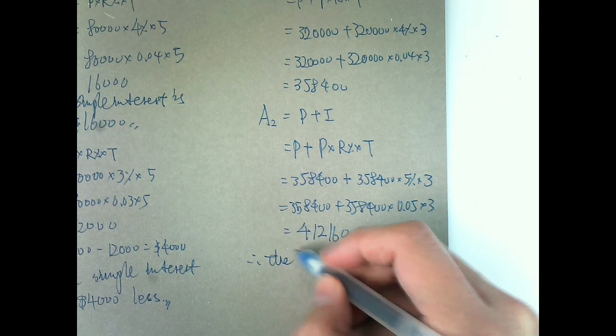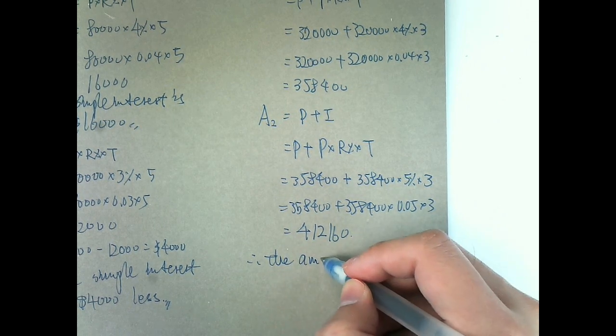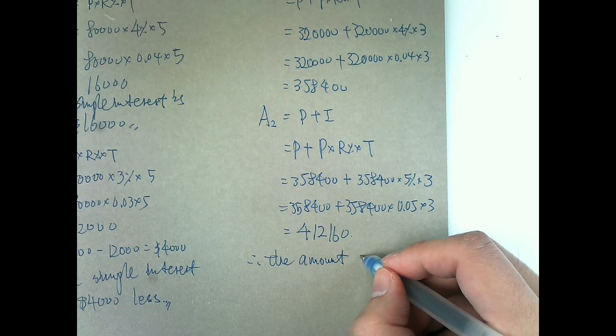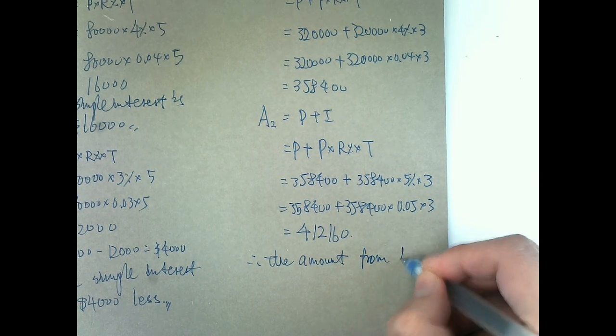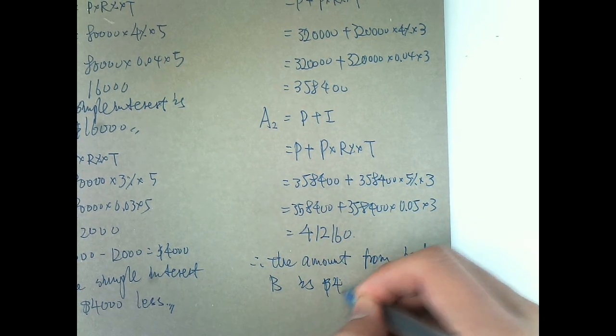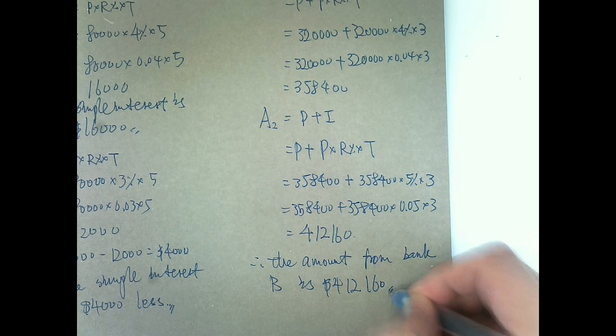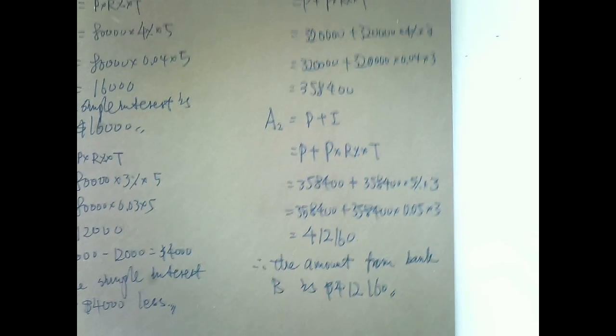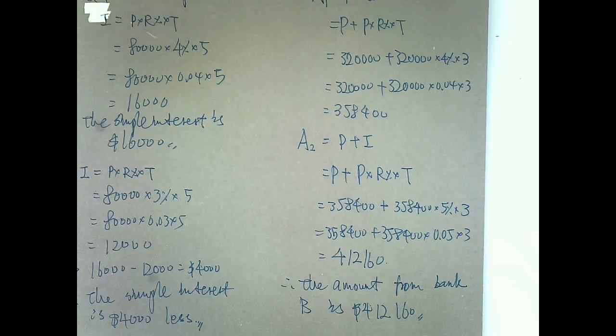So the amount from band B is this, okay? Understand? So I finished some of the questions in stage 1. So you do the rest, okay? You do it now.